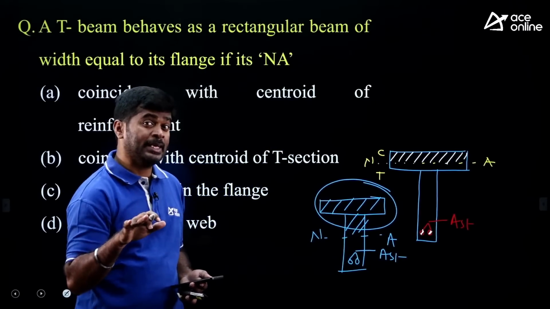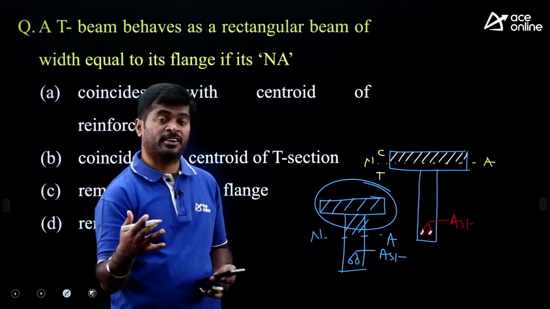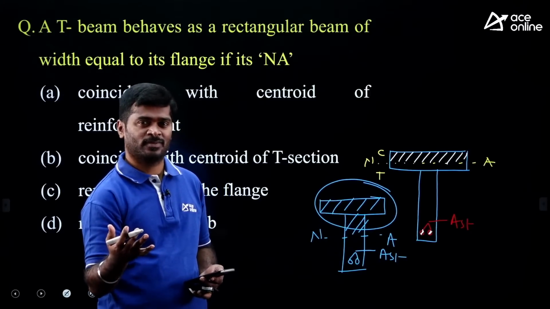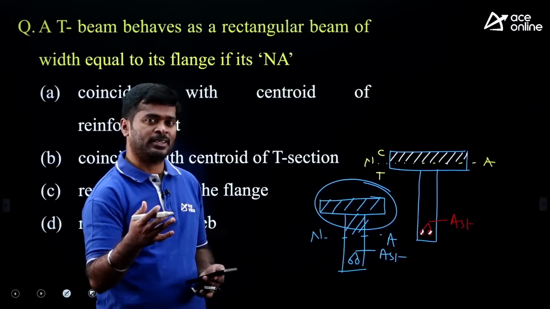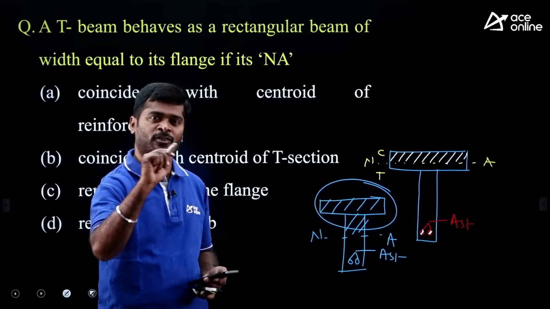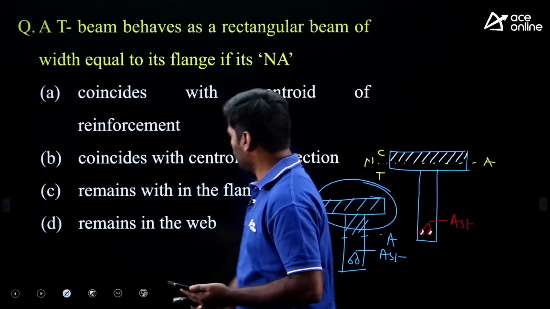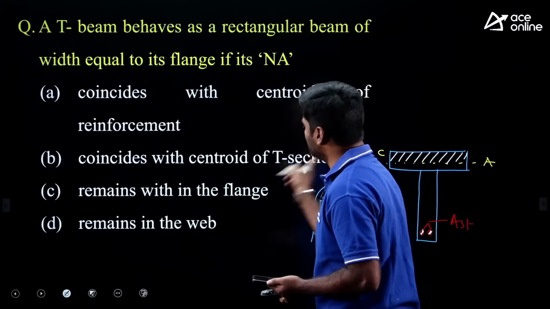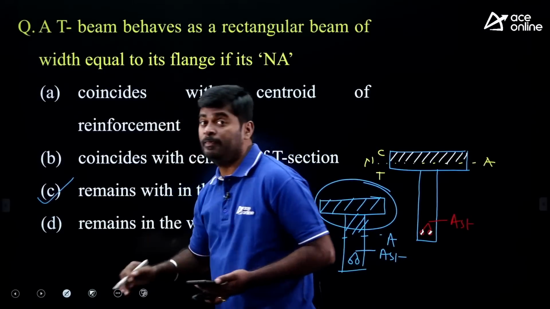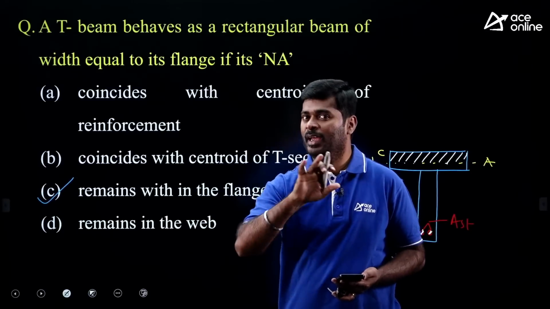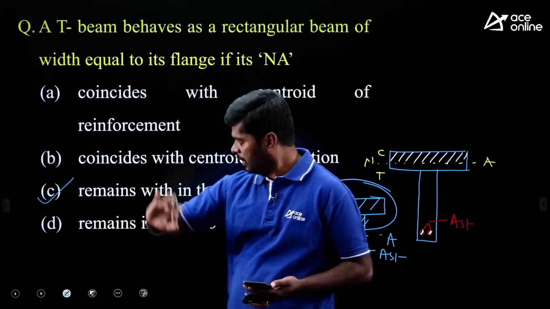Whenever neutral axis lies in the web, you can treat it like a T section. Whenever neutral axis lies within the flange, you can treat it like a rectangular section either for analysis or for design. Okay. So correct option is remains within the flange. Neutral axis lies within the flange, then we consider a T-beam like a rectangular beam.